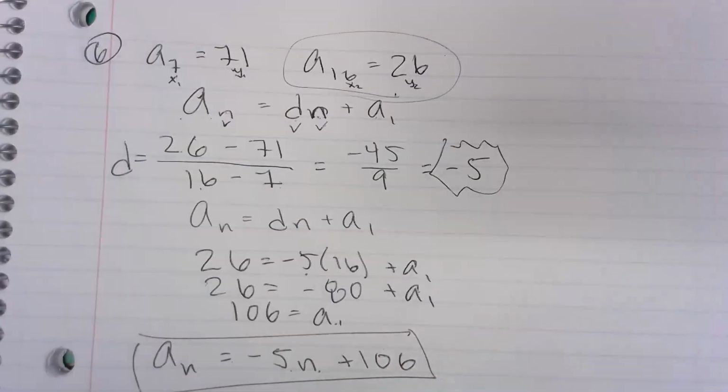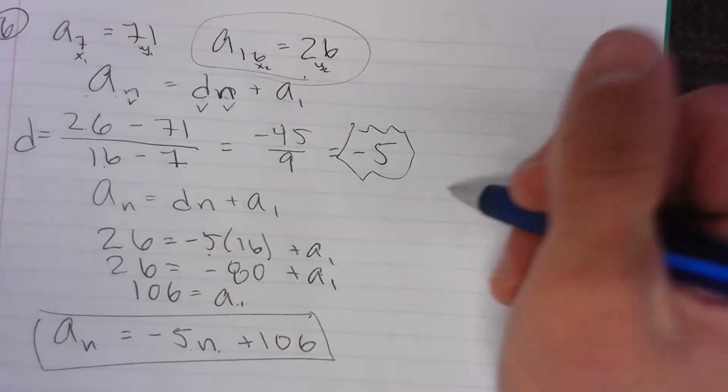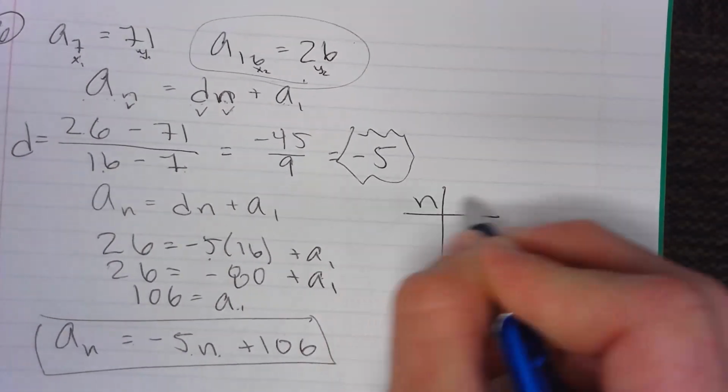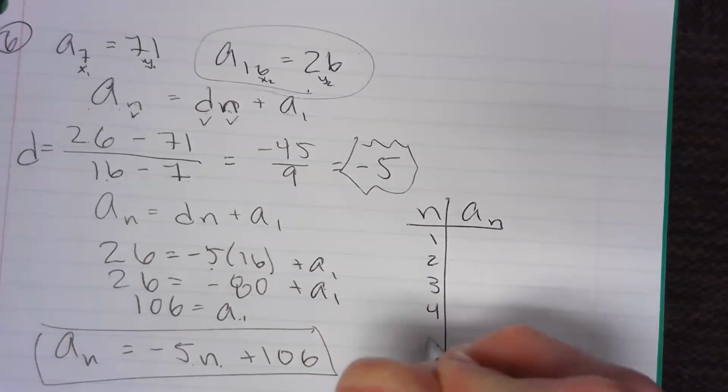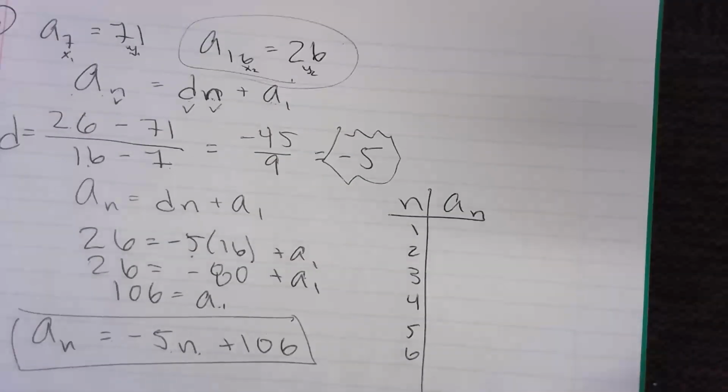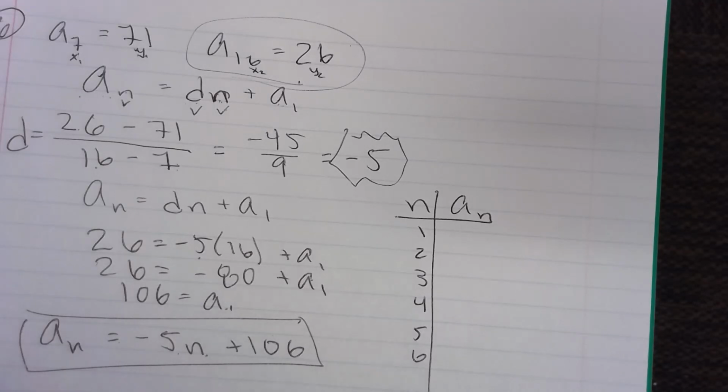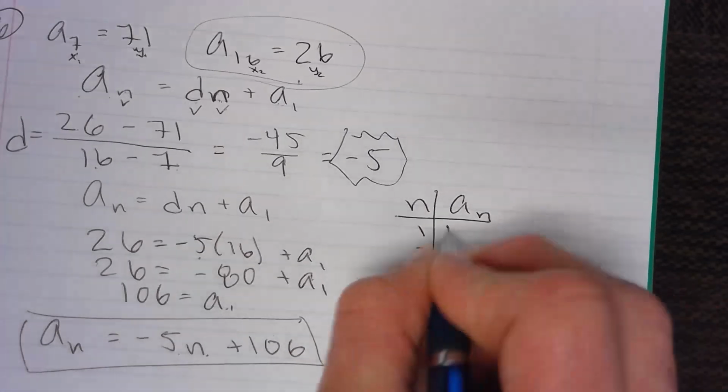I wrote a rule. I can make a t-chart. And a sub n, the first 6 terms. Well, when I plug in 1, I get 101.